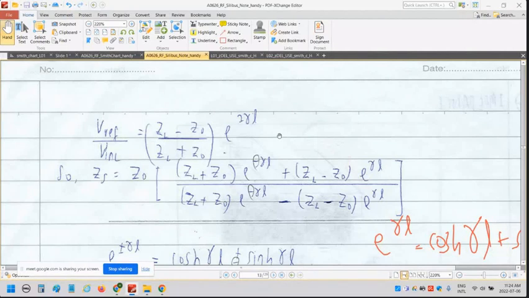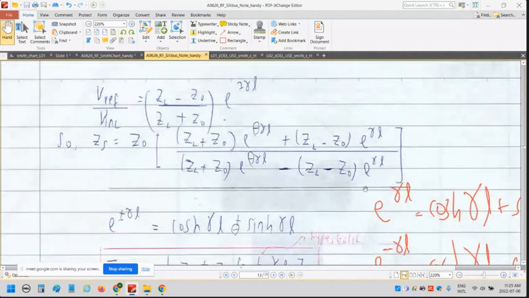So Zs equals Z0, ZL plus Z0 in brackets multiplied by e to the power of negative gamma L, plus ZL minus Z0 in brackets multiplied by e to the power of gamma L, and so on.